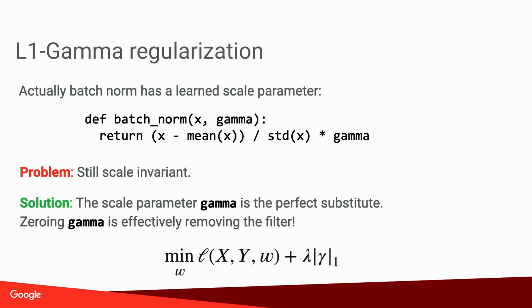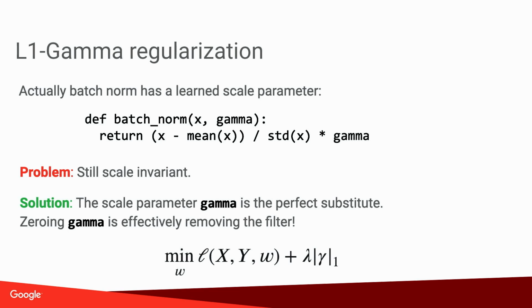Fortunately, whatever batch norm takes away from us, it also gives us back. A common way to think of batch norm is with a gamma parameter, sometimes called a scale parameter, where after normalization, you can rescale the activations by some learned parameter, gamma. This gamma is miraculously exactly the operational norm of this operation.